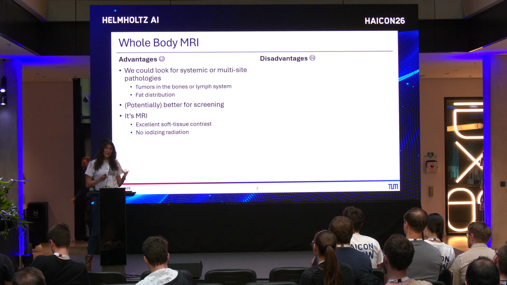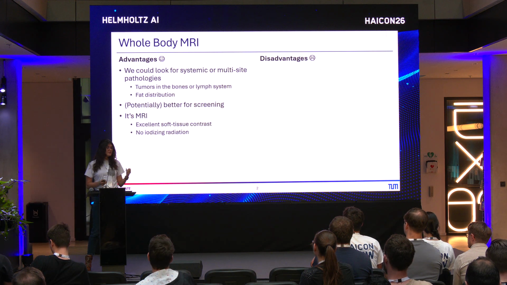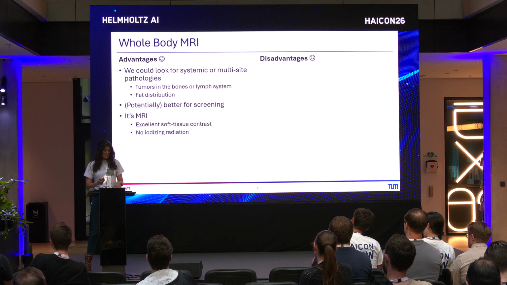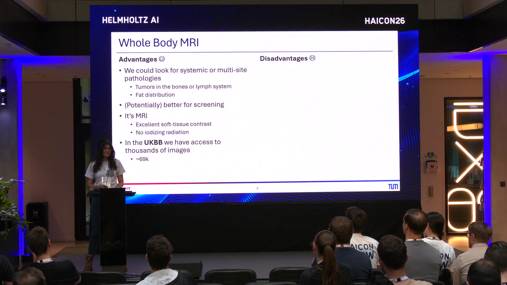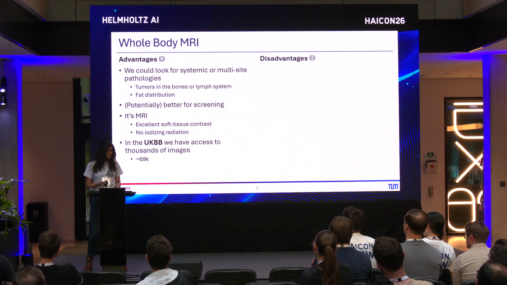Because we're talking about MRI, we have excellent soft tissue contrast and no ionizing radiation. And well, most importantly for us in this area is that in the UK Biobank, we have access to thousands of these type of images. There are, of course, some disadvantages to it as well.